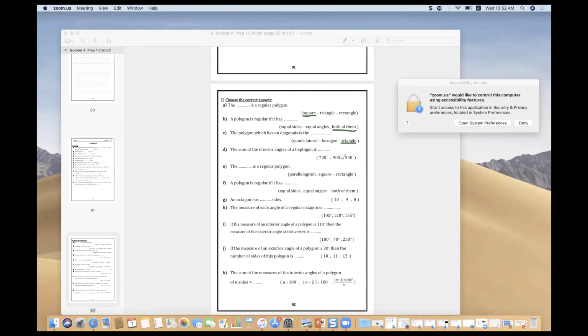Back to point B. A polygon is regular if it has two things: equal sides and equal angles. If you choose equal sides only or equal angles only, it will be wrong.